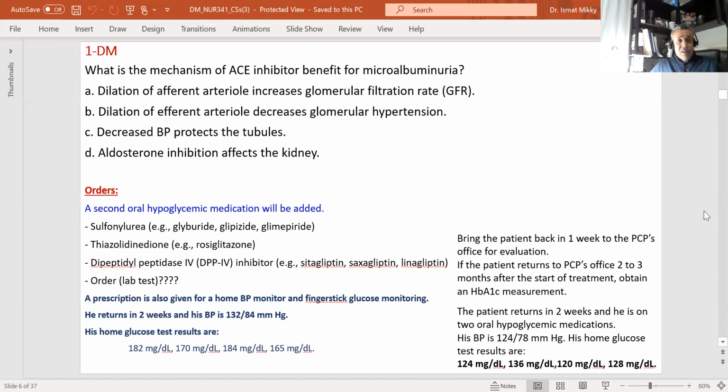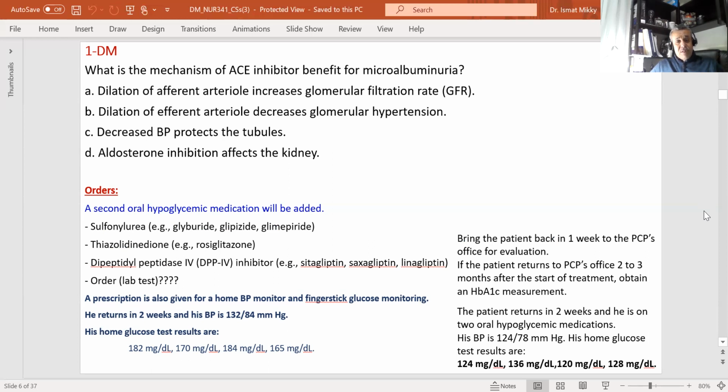So nephropathy is a long-term complication of diabetes mellitus, and that's the most common cause of end-stage renal disease, ESRD, in the US. The early manifestation is microalbuminuria.